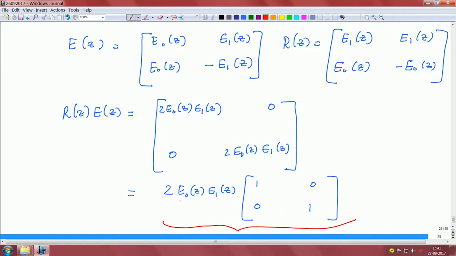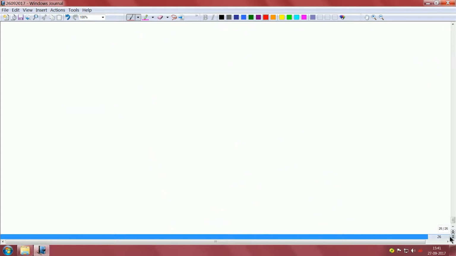That means this E naught times E1 should be some scalar times a delay. That is the intuition, and I think we start with that. Now, a system satisfies the perfect reconstruction property if and only if E naught of z times E1 of z is a pure delay.